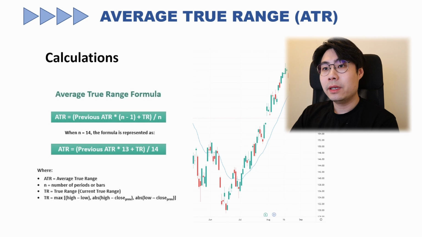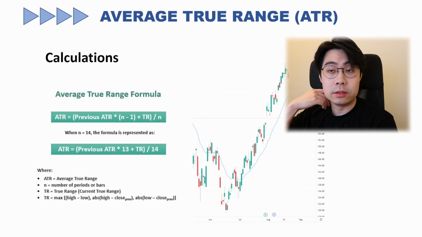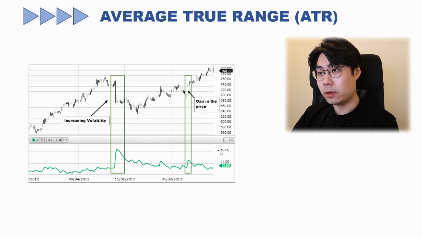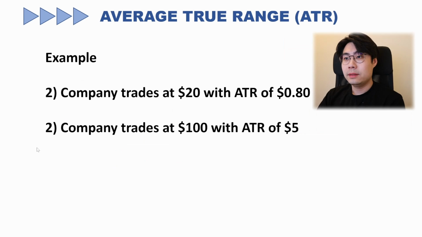One important thing to remember is that ATR is calculated in dollar value. When we were talking about the 18 and the 14, these are absolute dollar values. Let's take an example. Say the company trades at $20 per share with an ATR of 80 cents.